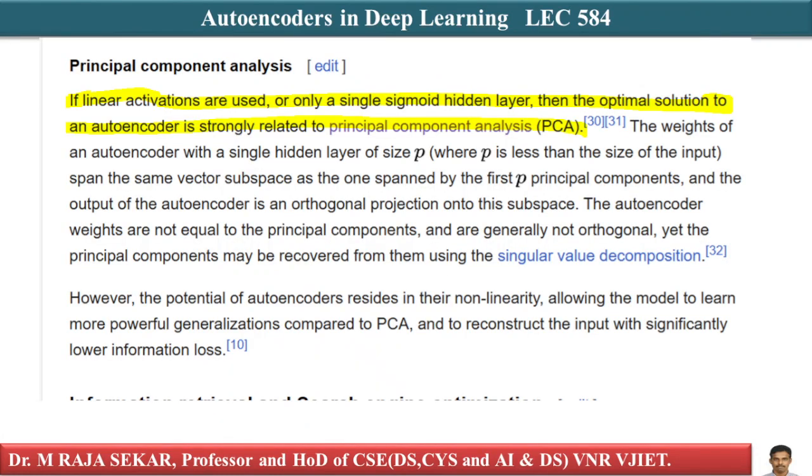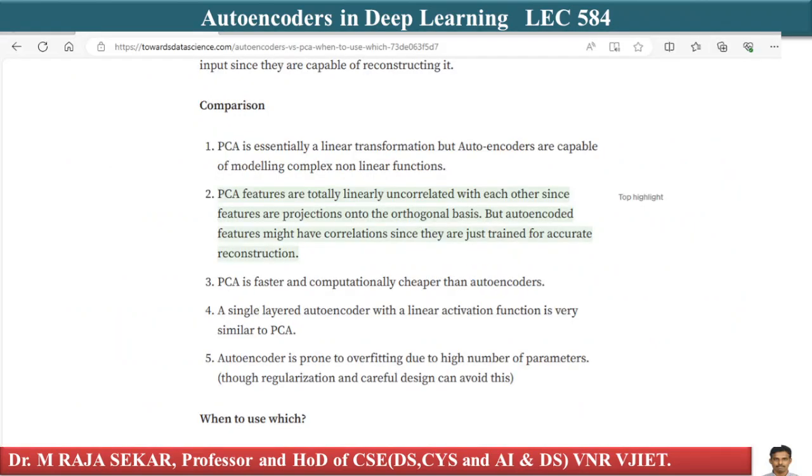I request all of you to refer to this Wikipedia page. Also there is a page on Towards Data Science on PCA and autoencoder. Please go through this. This holds only when you have one hidden layer.